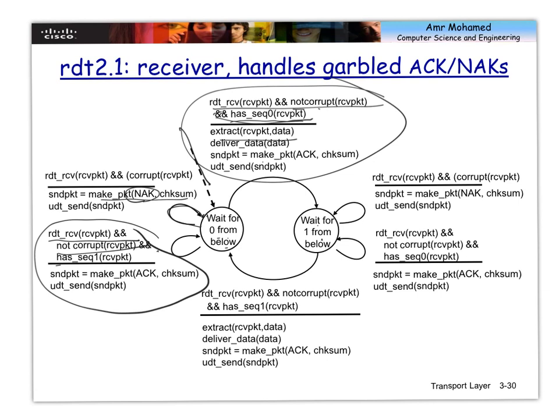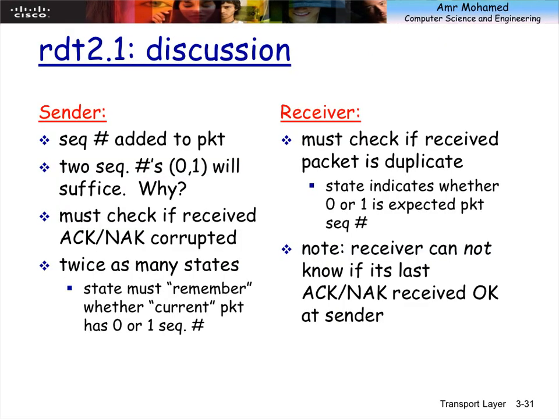Here we assumed that we wait forever, because we assumed the channel cannot lose anything. If the channel has the possibility of losing something, then I cannot send the packet and wait forever. So I have to wait for a certain period of time.